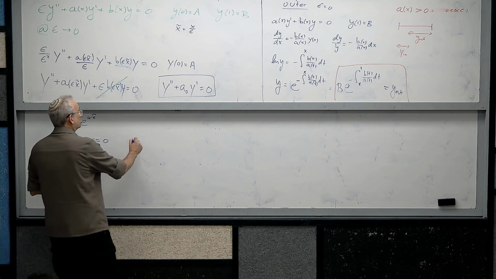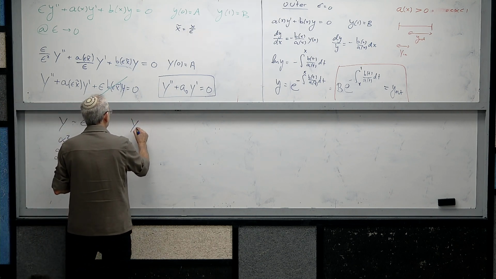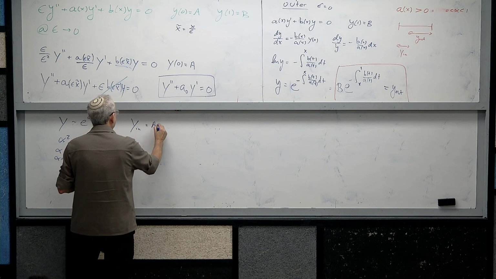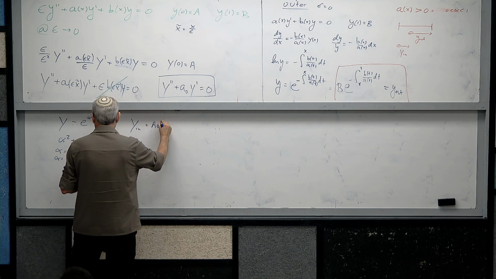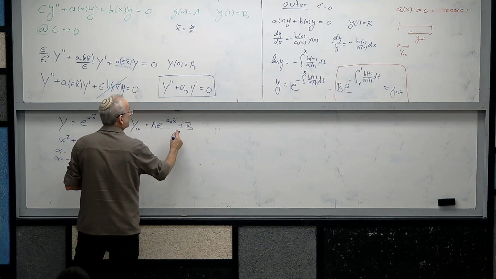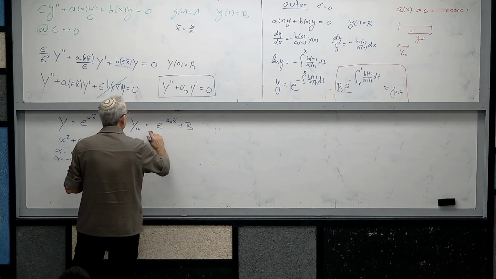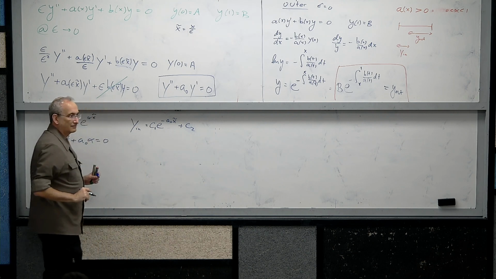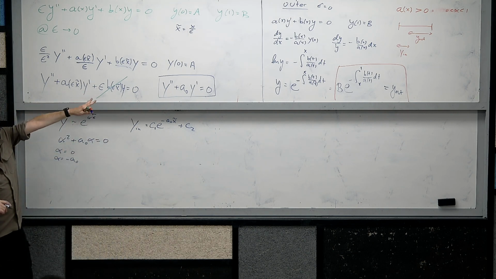So the generic solution of the inner solution is C1 e to the minus a naught x tilde plus C2. Oh wait, no, this is C1 and C2, right? Not to mix it with the boundary conditions.